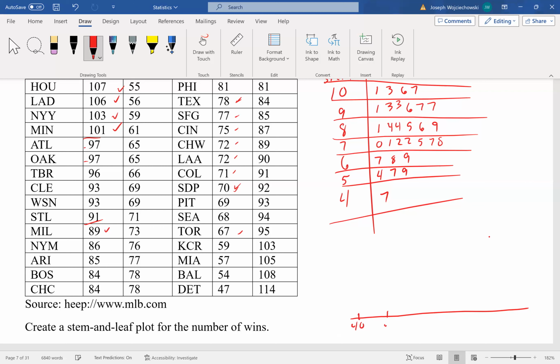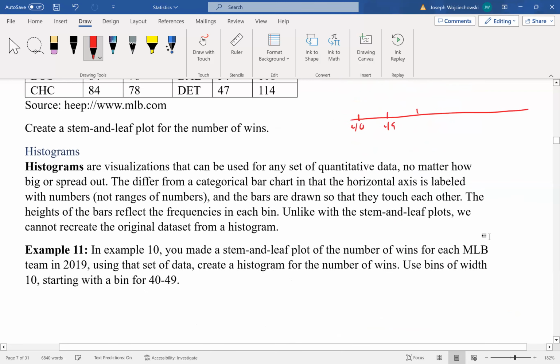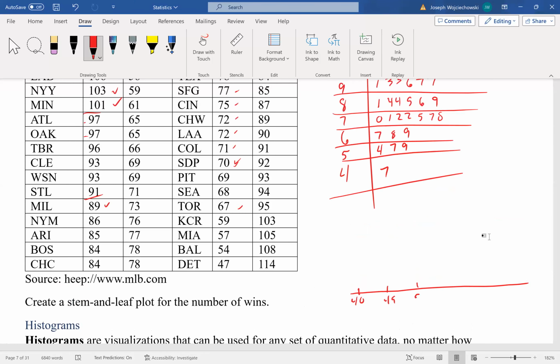There. 49. 59. 69. 79. 89. 99. And 109. That's going to present a problem.